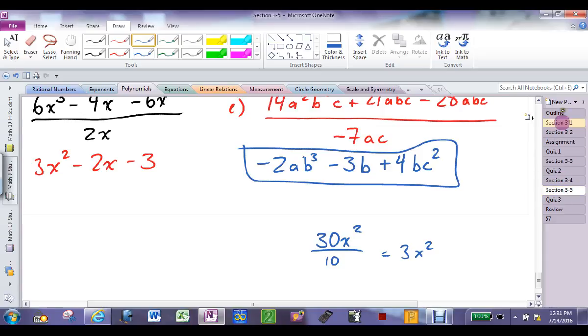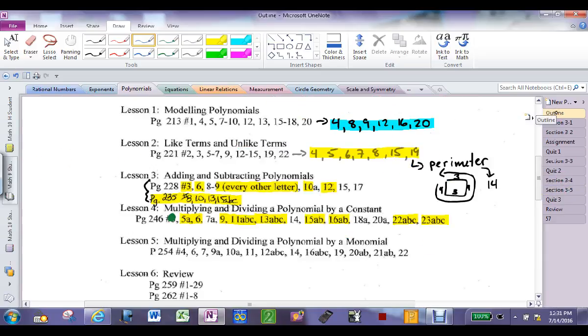Where's the end of the polynomial section? 254. It actually starts on 255. Mr. Myers, you lie.